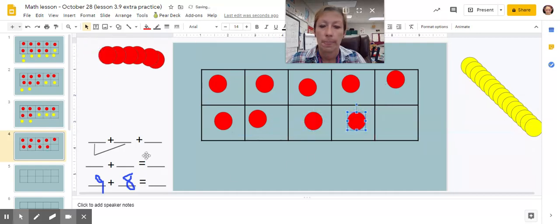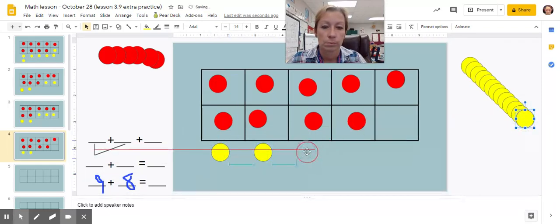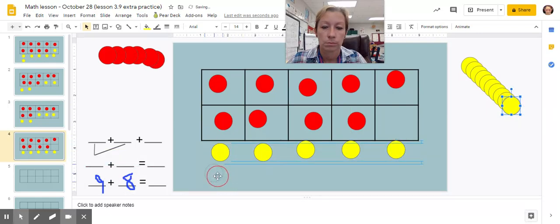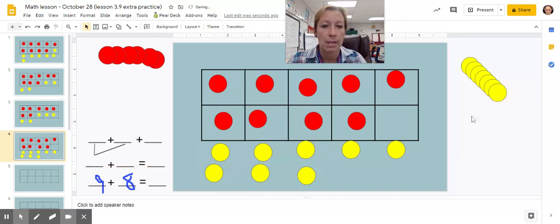Here's 9. And the other addend was 8, so I'm going to put 8 yellow counters under my frame. All right, do you see any open spots? I see 1, so let's go ahead and take this last one and move it over here.